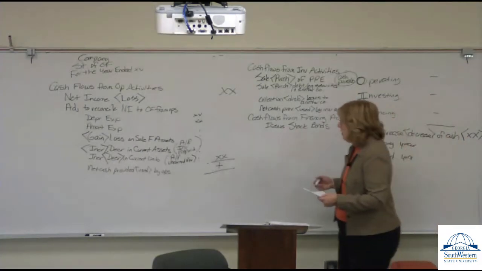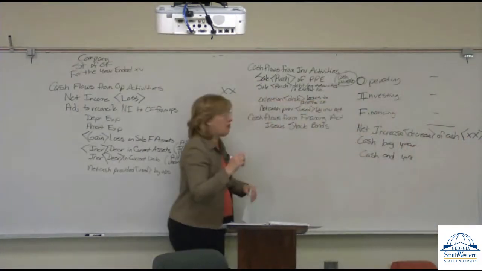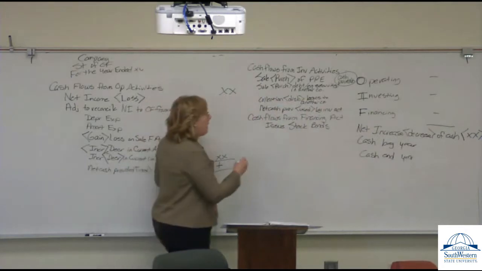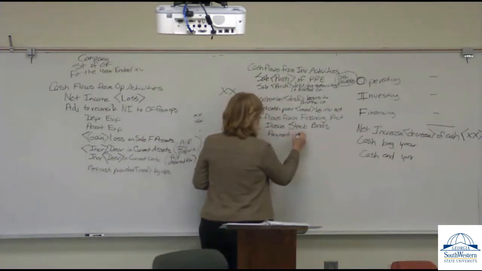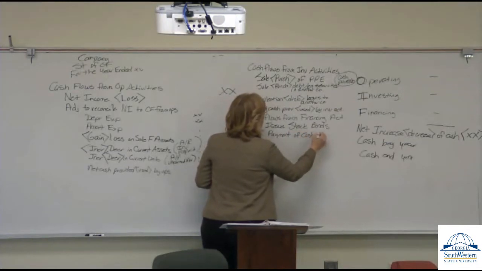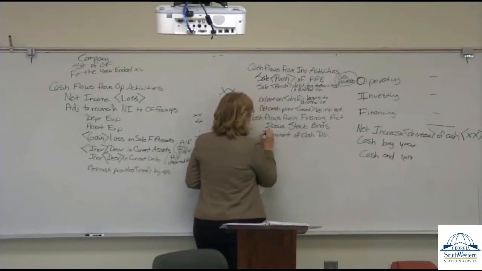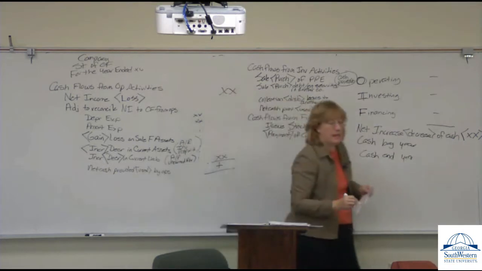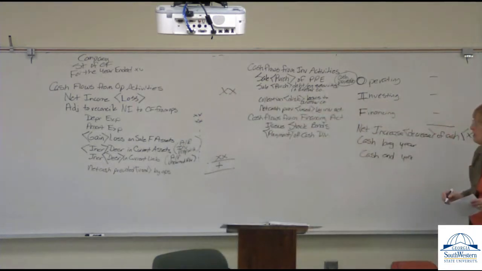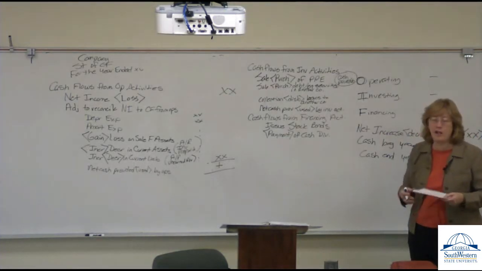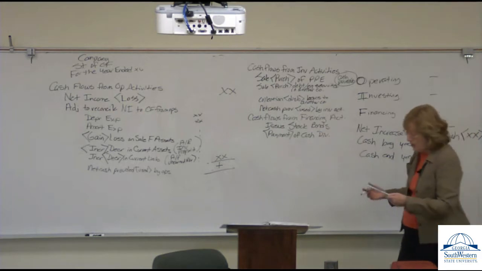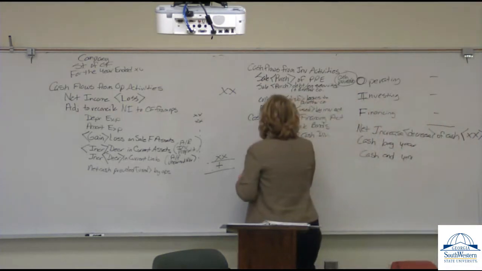Okay? Now, what do we do in return for the stockholders? We pay them dividends. Payment of cash dividends. And when we pay them dividends, that has a negative impact on our cash flow, right? And what's our negative impact in the bonds? That's when we redeem the bonds.